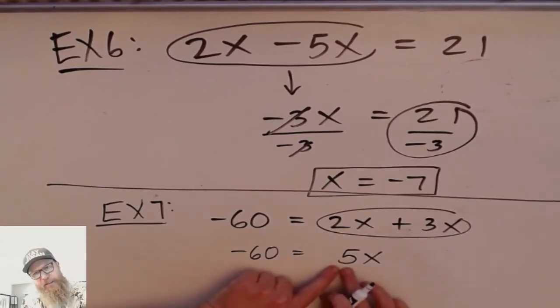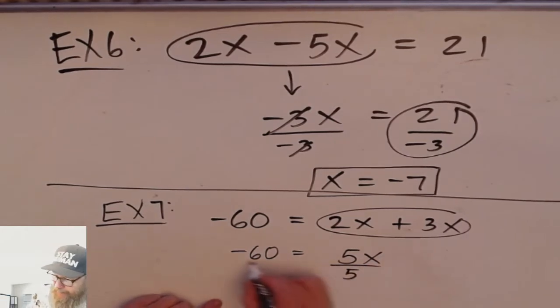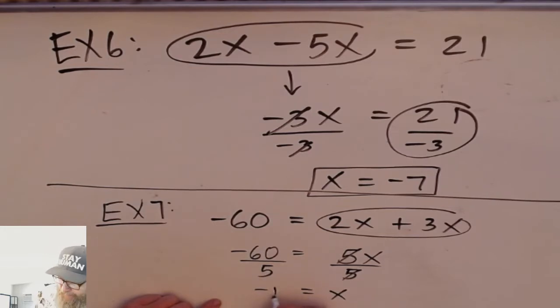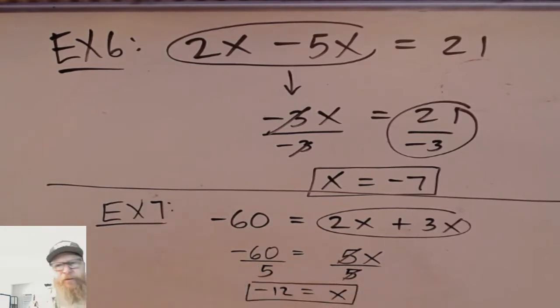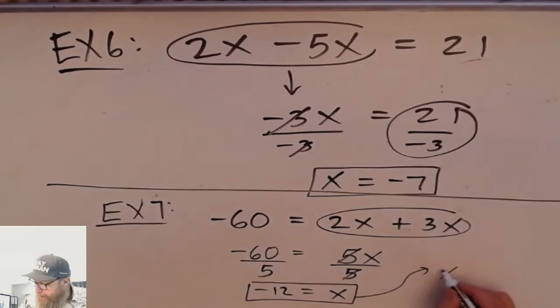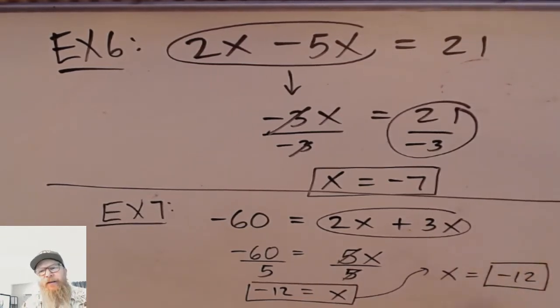The coefficient is now 5, so divide both sides by 5. Negative 60 divided by 5 is negative 12. It looks backwards. Typically, you can just solve it backwards and then write your answer like this. That's the way you'll type it into the computer. The computer always reads x equals going from left to right. Even if you solve it backwards, it doesn't change the truth. The truth is that x is equal to negative 12.